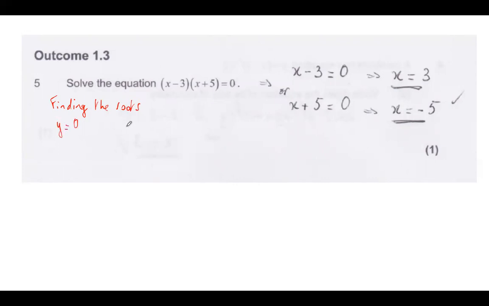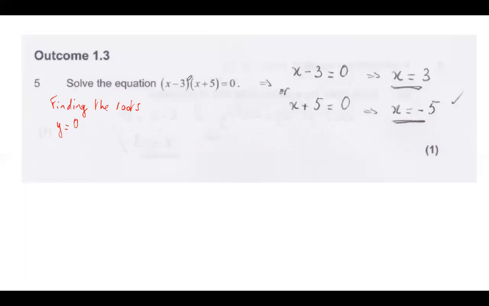It's like you've been asked to look at a parabola when y equals 0. What is the value of x when y equals 0? So basically that's the question. How can you get 0 here when you've got something times another thing equal to 0?